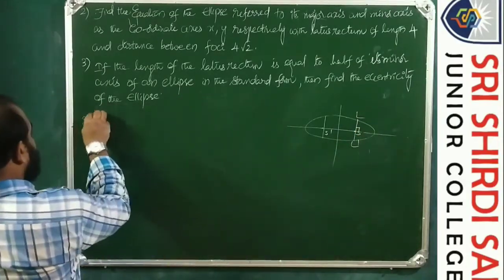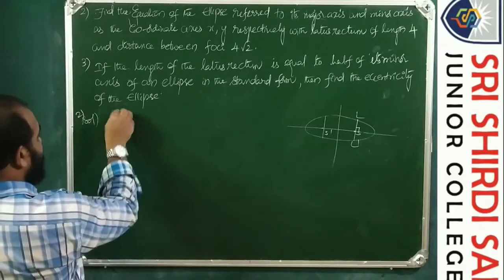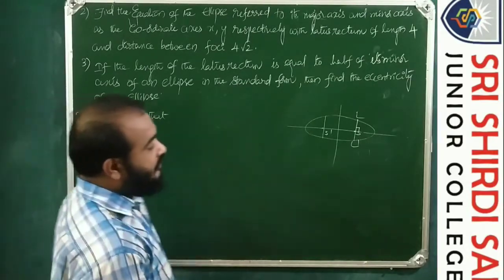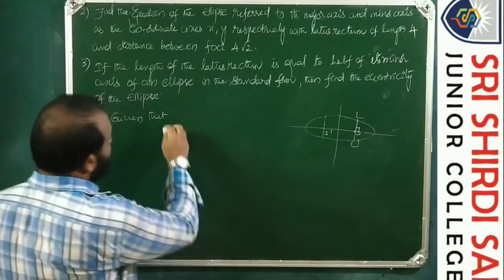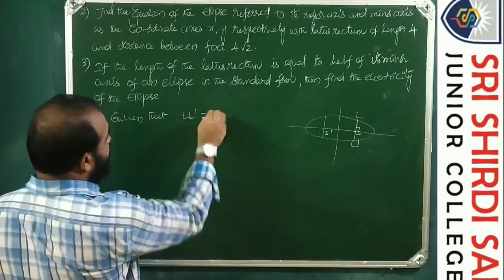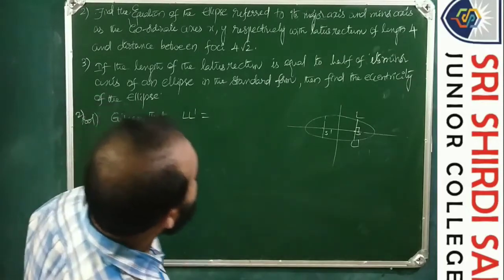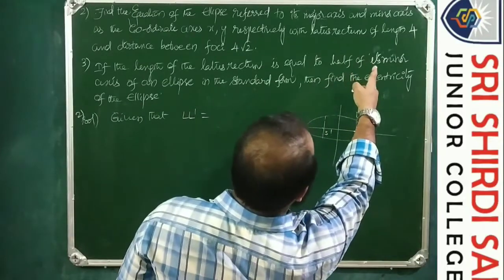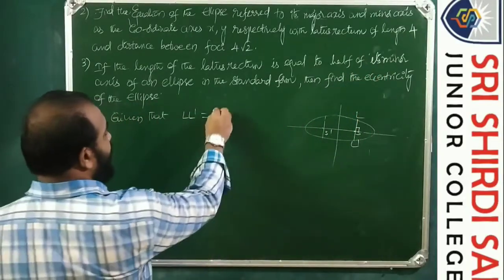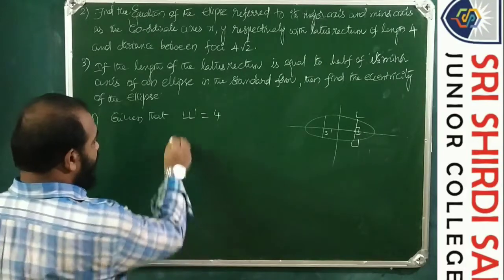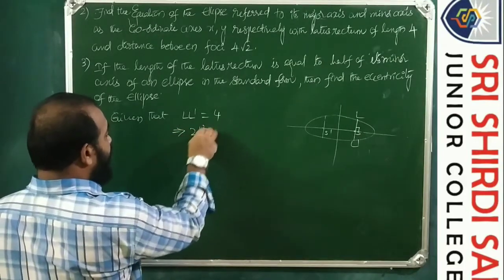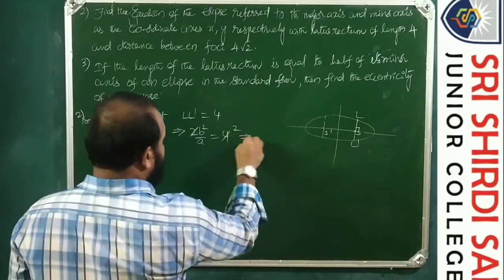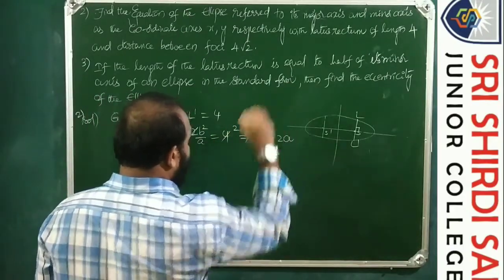For the second question, given that the length of the latus rectum L dash is 4. In other words, 2b square by a is equal to 4. So b square is equal to 2a.